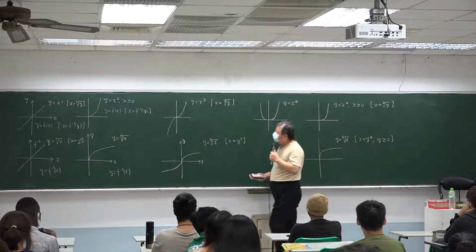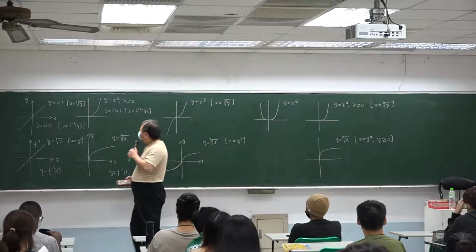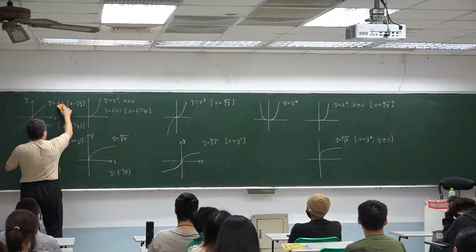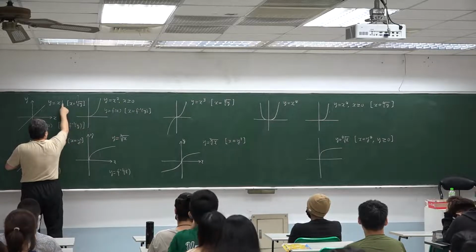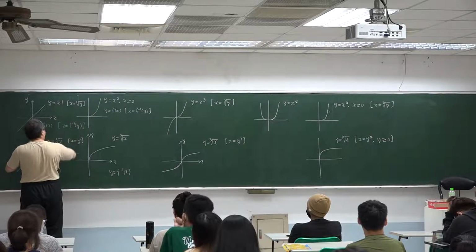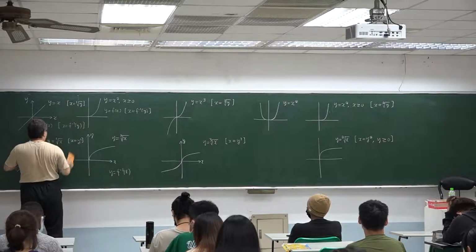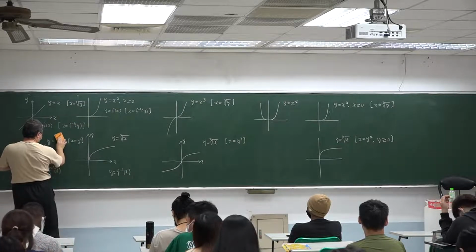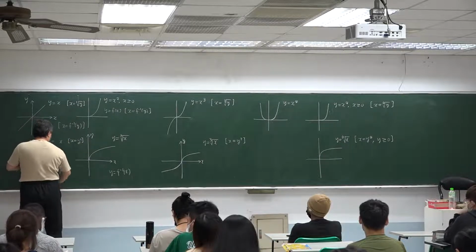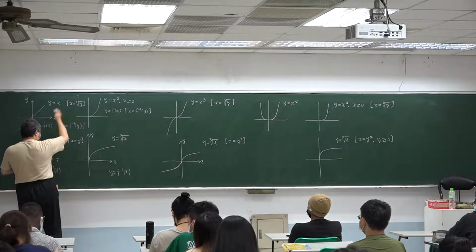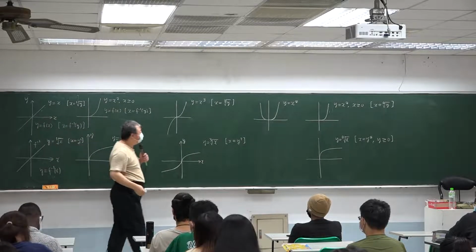Okay, finally, here, y equals x raised to the 1st power. The first power is denoted by y equals x. We omit this one. Also, we omit this one, but you have to know the true meaning of the inverse function.